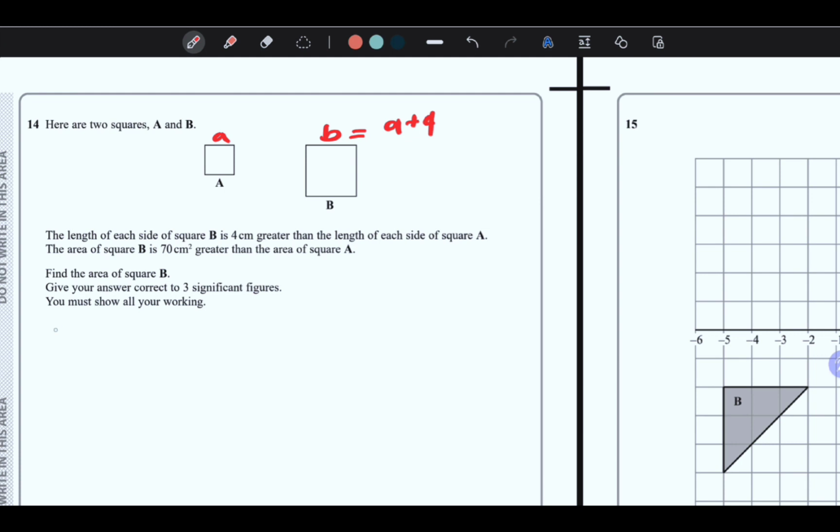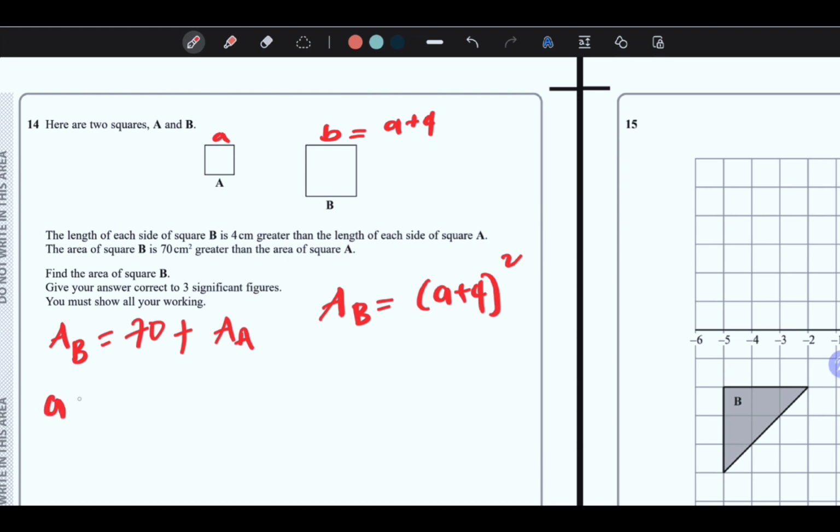It also says the area of square B is 70 plus the area of square A. So let's find the area of square B. It's just doing side times side, so it's (a plus 4) all squared. So that means (a plus 4) all squared should be equal to 70 plus area of A.